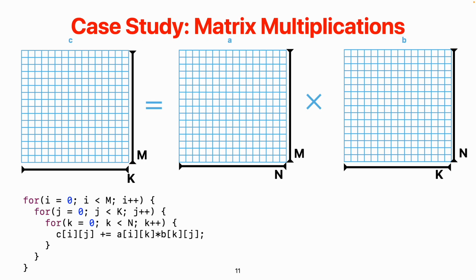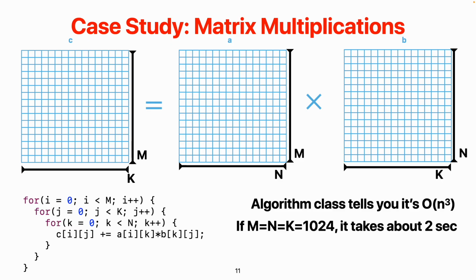The element-wise multiplication of the vectors is in this innermost iteration, and to go through all the pairs of vectors, you need two other levels of loop. So that's the basic naive idea of matrix multiplication. Algorithm class will tell you this is an n-cubic algorithm.